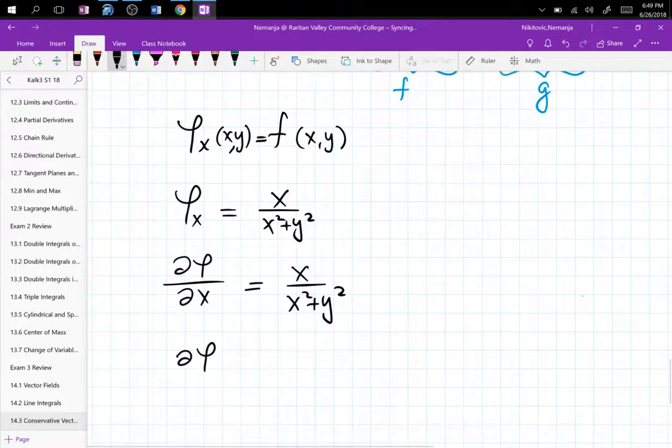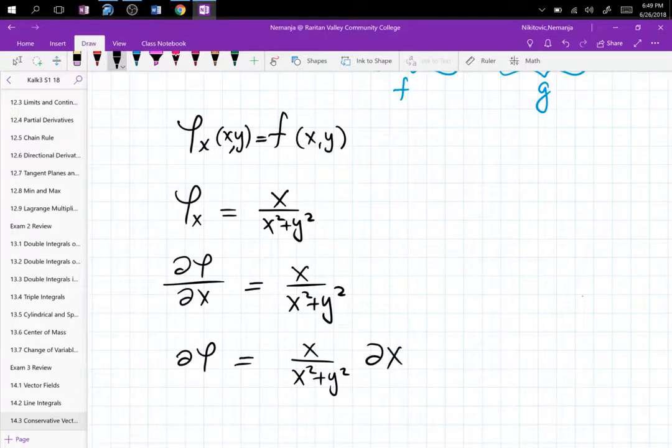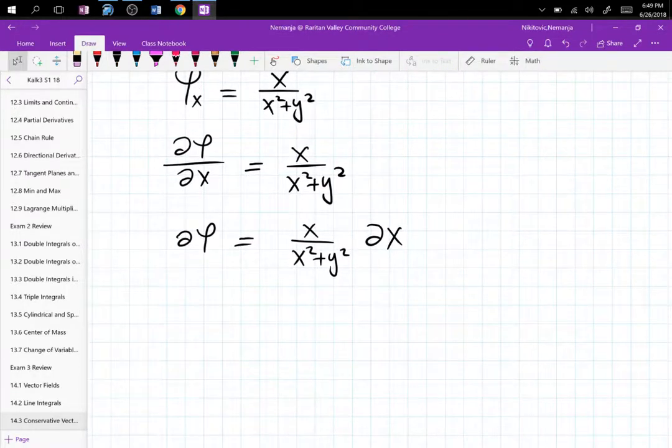I'll have partial phi is equal to x over x squared plus y squared, and then dx. And now I can hit both sides with the integral. Now, what you have on the left-hand side, integral of d phi, is just phi of x y.